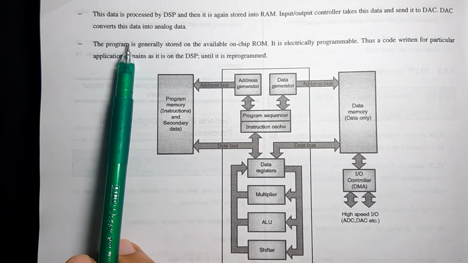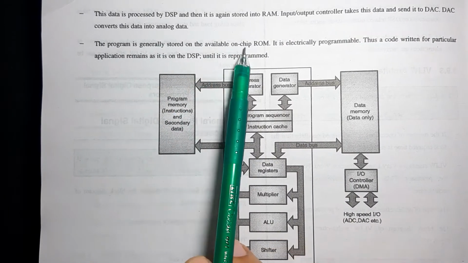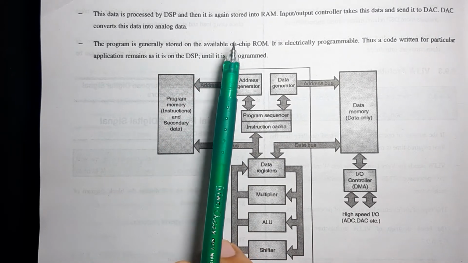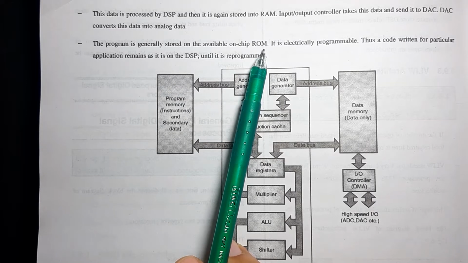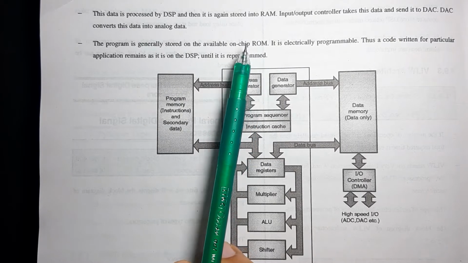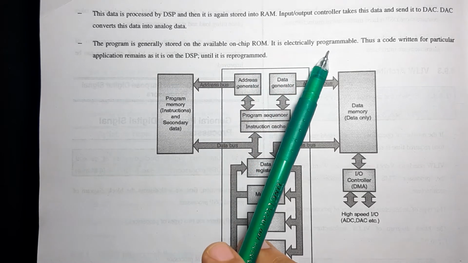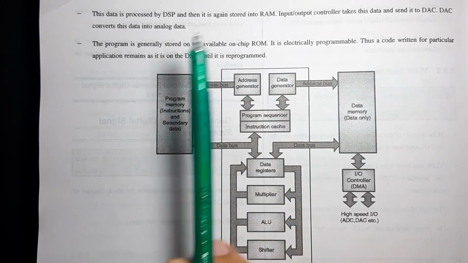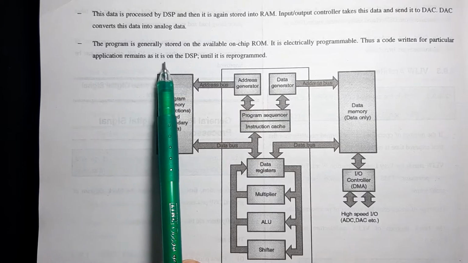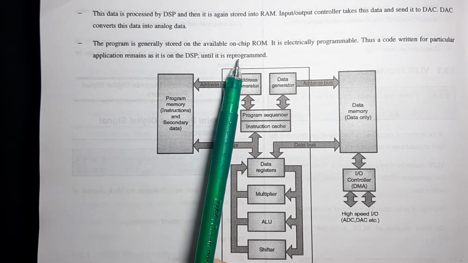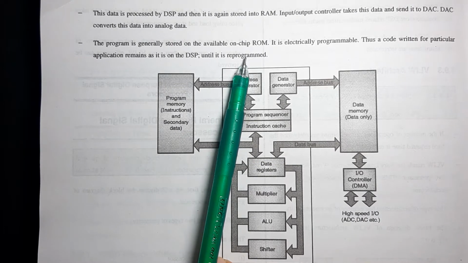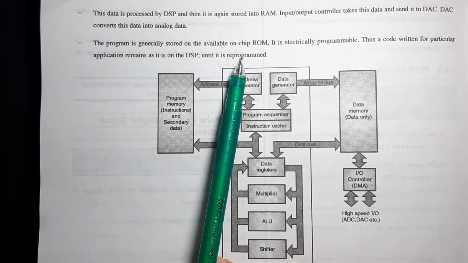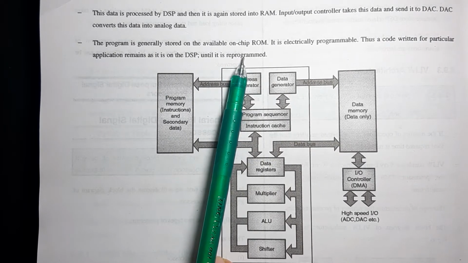Now the program is generally stored on the available on-chip RAM. So it is very much simple that some data is being stored on the read only memory or the on-chip RAM. It is electrically programmable, thus a code written for a particular application remains as it is on the DSP until and unless it is reprogrammed. So in case you are programming a RAM to fetch data from a certain address for some specific time, it is going to perform that specific action up till a certain moment of time.